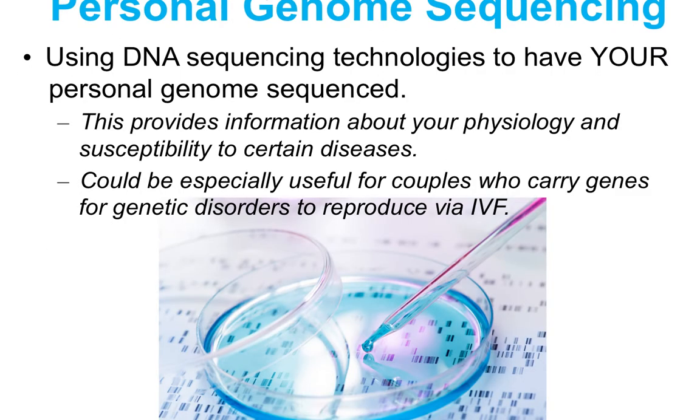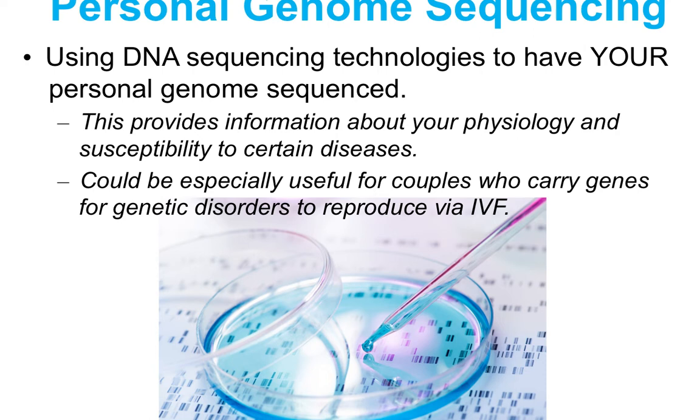So sometimes, in order to be, unfortunately, diagnosed with a disease or to determine if you have reproductive viability, it's important to have your genome sequenced. We use DNA sequencing technology to have your personal genome sequenced. This provides us lots of information about you, like your physiology, and what diseases you're susceptible to, like cancer.